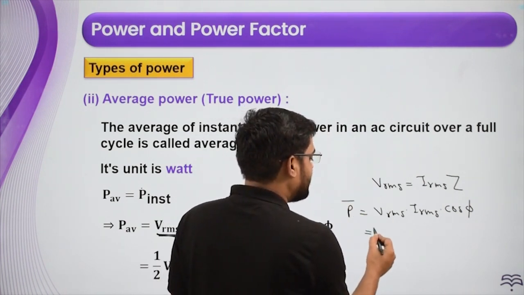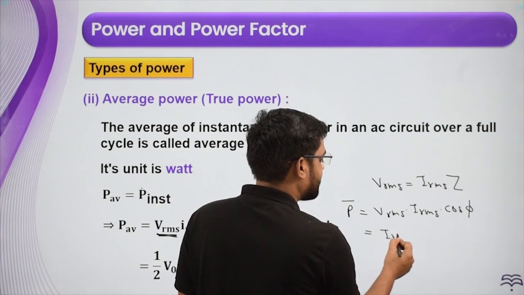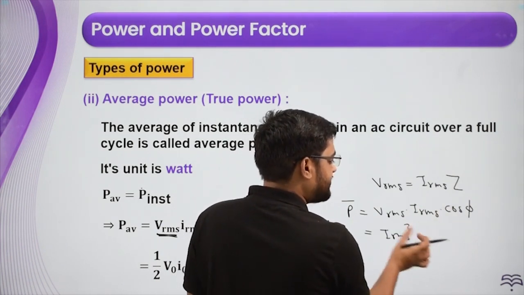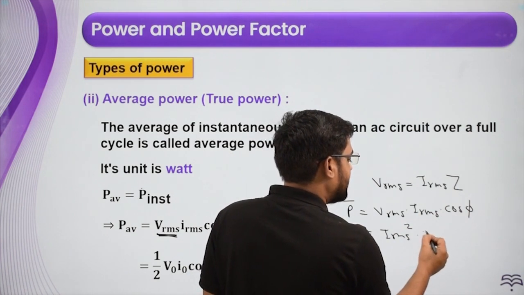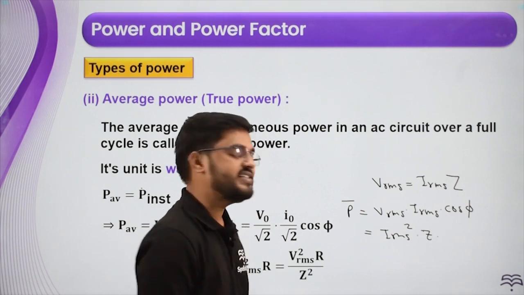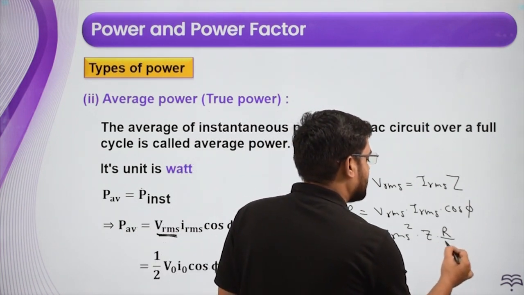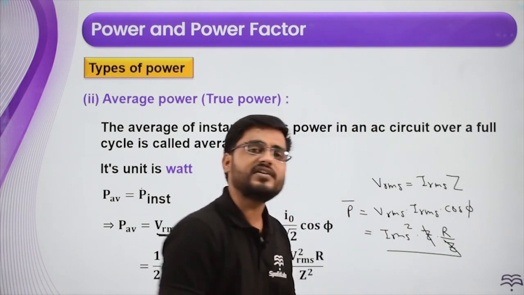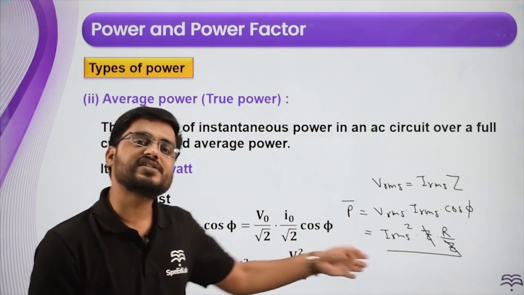And now I am going to write this as IRMS into Z. So IRMS into IRMS is this, and cos phi into Z. So what is cos phi? We are going to discuss that cos phi is nothing but R by Z. So this cancels, and this expression is very similar to direct current, that is I square R, right?